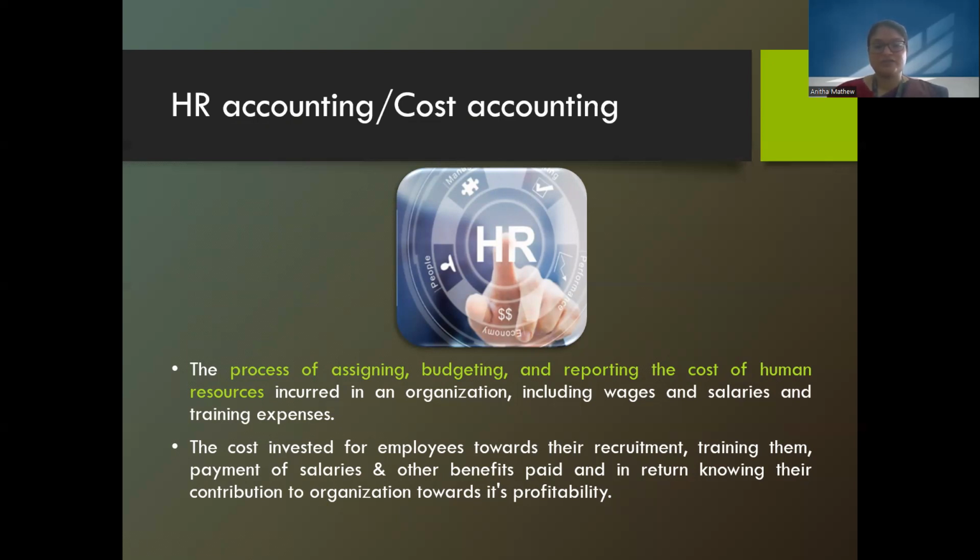Okay, so let's go through some of these points written here. The process of assigning, budgeting, and reporting the cost of human resources incurred in an organization, including their wages, salaries, and training expenses, right? So if I am able to get 10,000 rupees as my salary, I have to give that much value back to my organization.